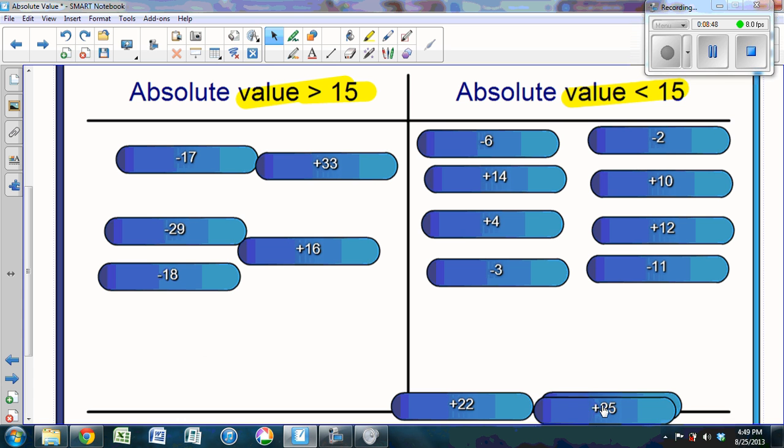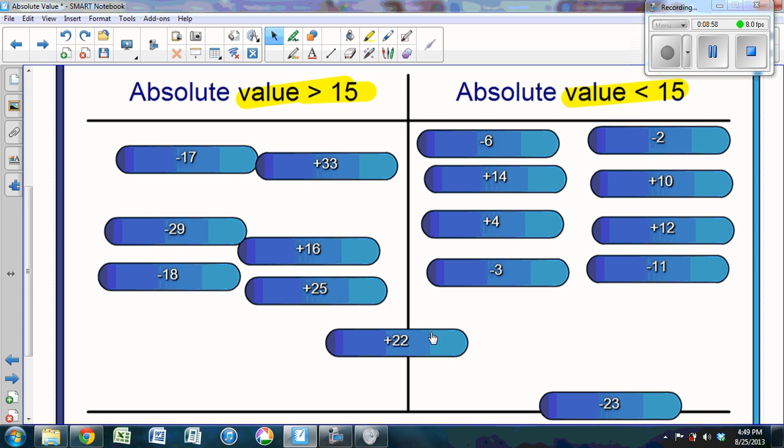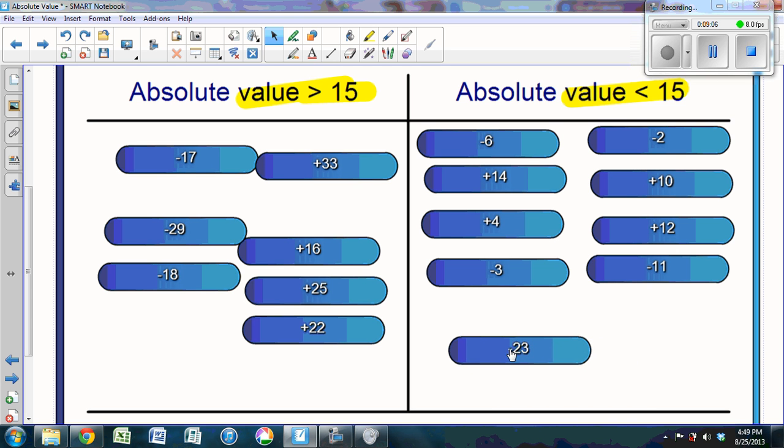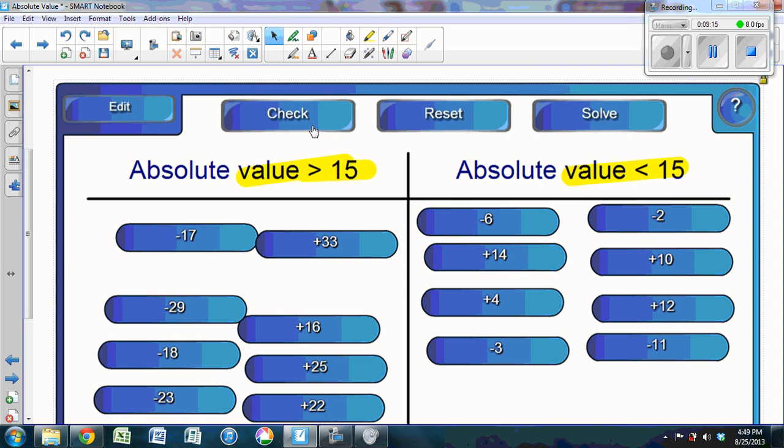So that goes there. The absolute value of positive 25 is 25. So that goes there. It's bigger than 15. The absolute value of positive 22 is 22. That's greater than 15. And the absolute value of negative 23 is positive 23. And that is greater than 15. So there we go. And we can check it. And that's right.